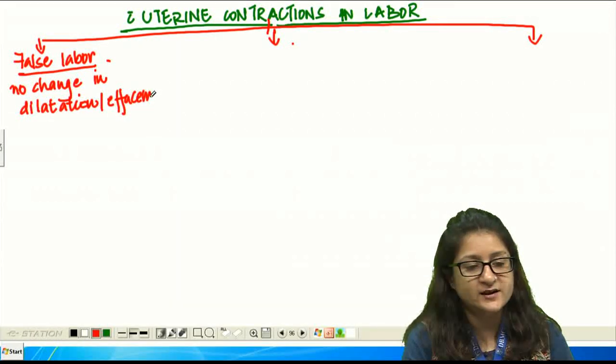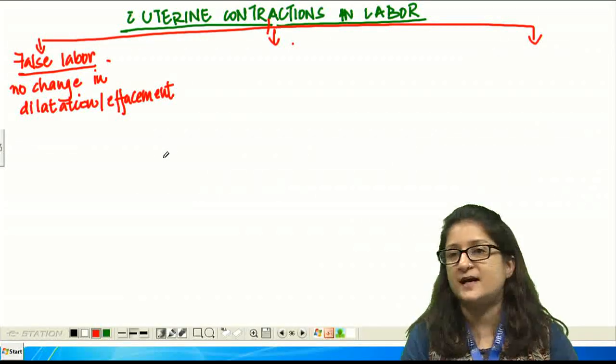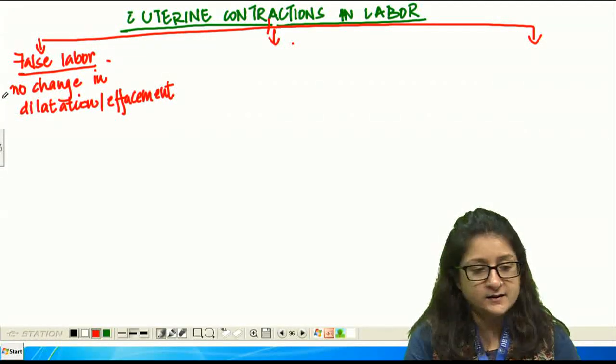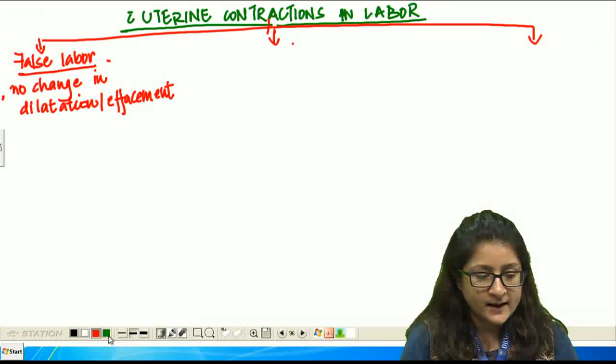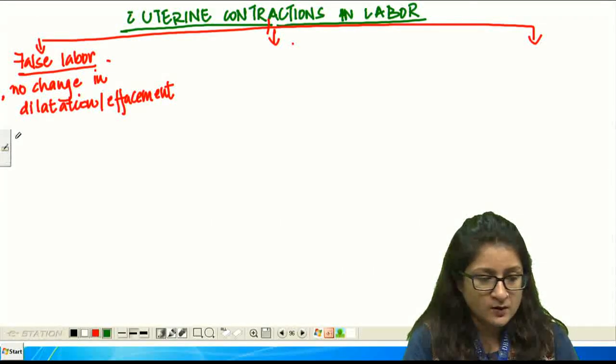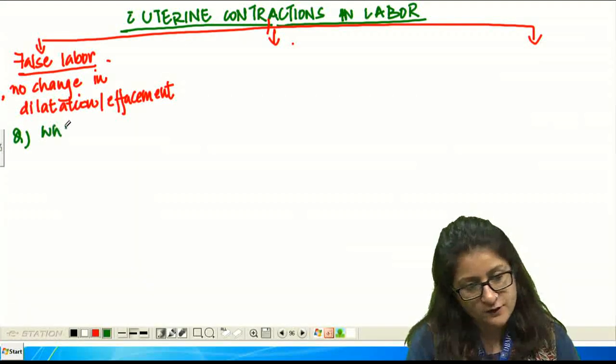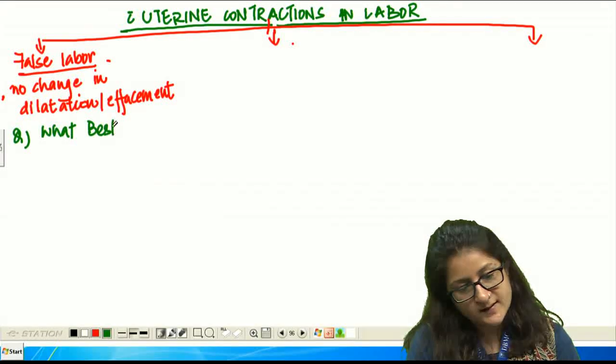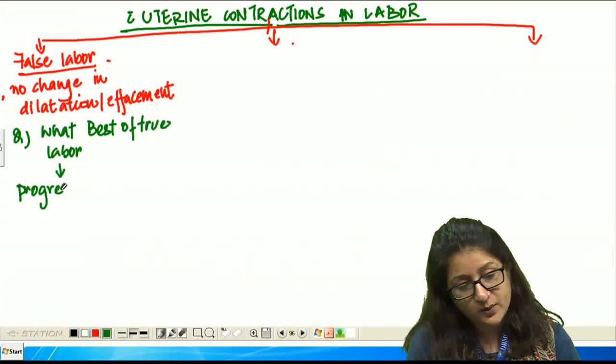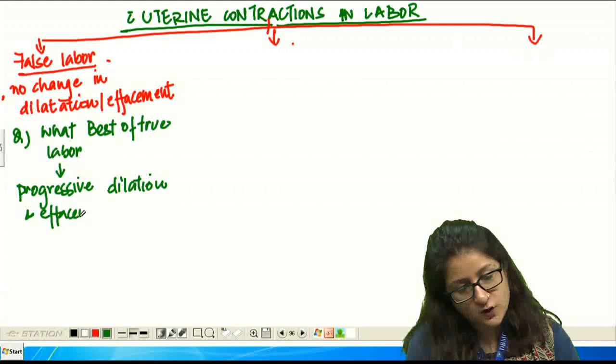So progressive dilatation and effacement is the best sign of true labor. In other words, if they ask you what is the best sign of true labor, the answer is progressive, not static, progressive dilatation and effacement of cervix.